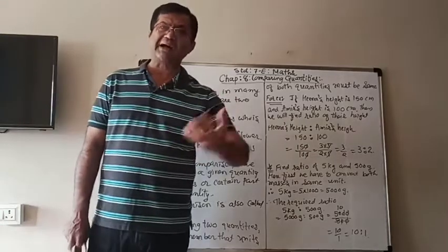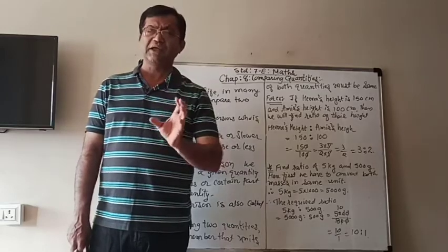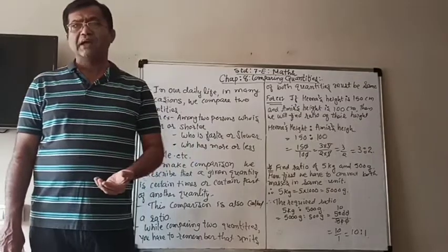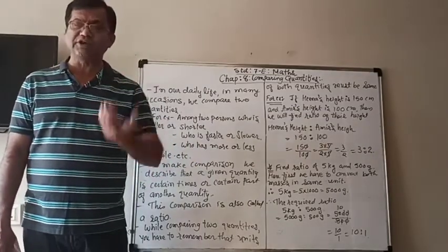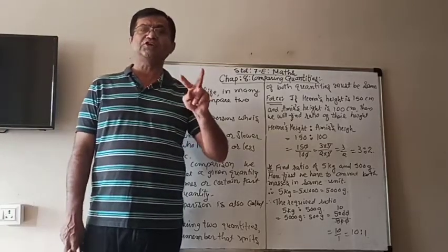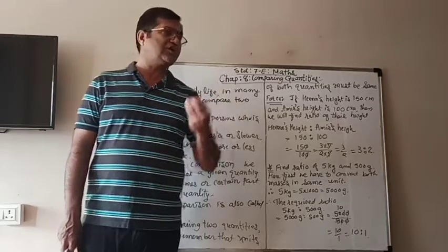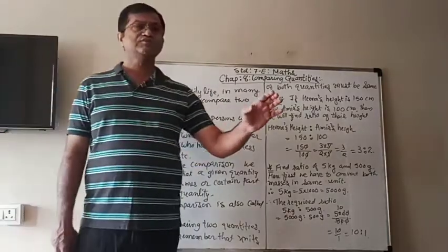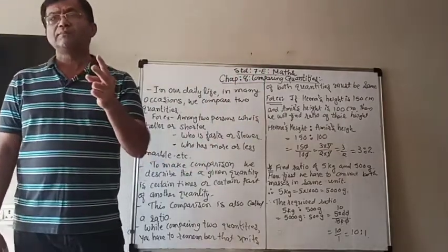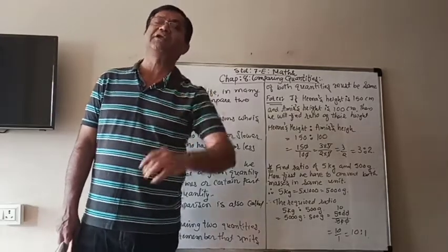If you are comparing mass, then kilogram or gram, whatever is there, both quantities must be in the same units. And if they are not in the same units and it is related to the same quantity, like speed or distance, then you have to convert them into equal units.